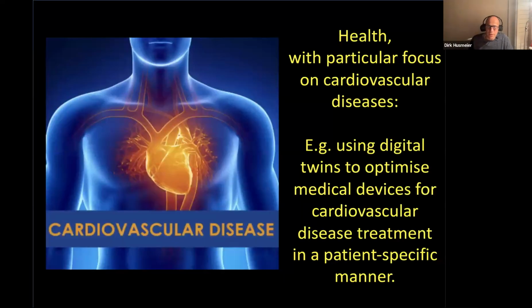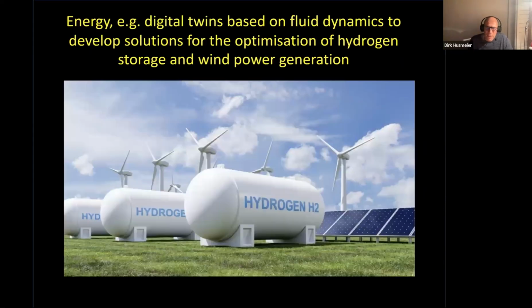So let me run through a few example application areas that our CDT will focus on. As I've already mentioned, we have applications in health, with particular focus on cardiovascular diseases. For example, we want to use digital twins to optimize medical devices for cardiovascular disease treatment in a patient-specific manner. Another application is in the area of energy.